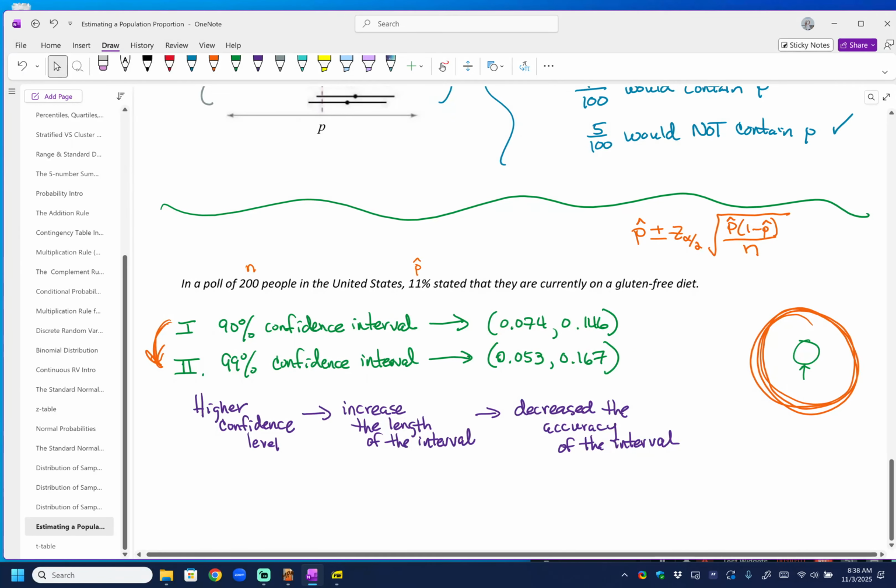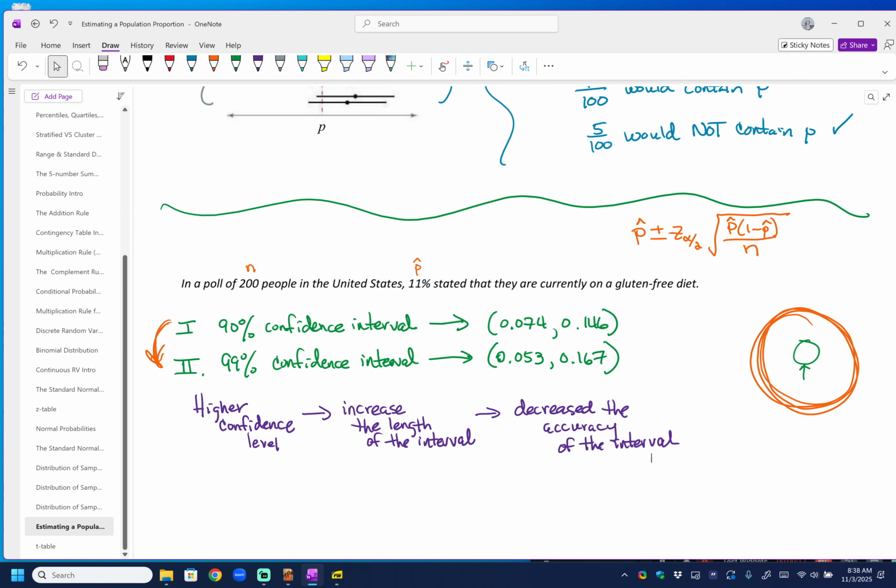Welcome to the world of being a statistician, right? So your options are to have a higher confidence or a higher accuracy. They actually don't mean the same thing, mathematically and statistically.